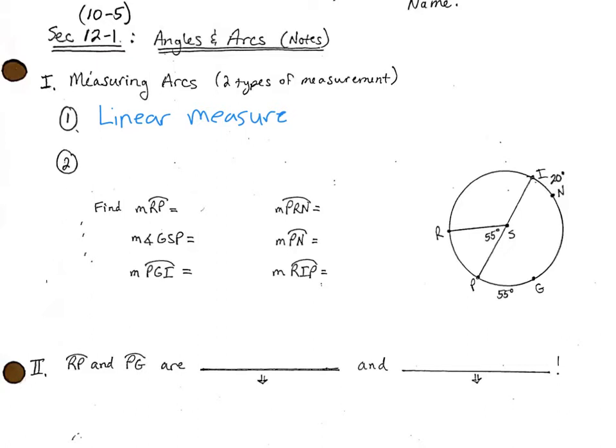You could think of wrapping a tape measure around there. Units for linear measure would be units of length. And it's part of the distance all the way around the circle, which you should know what that is. Yeah, that's right. It's part of the circumference. So a fraction or a percentage of the circumference would be a good way to think of it.